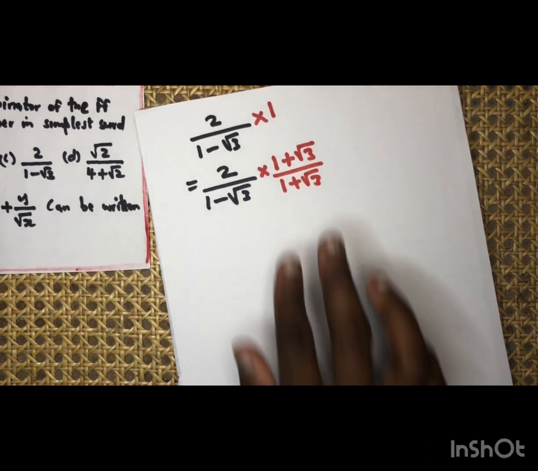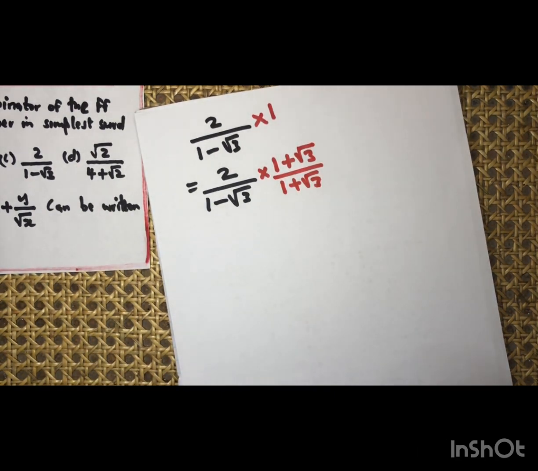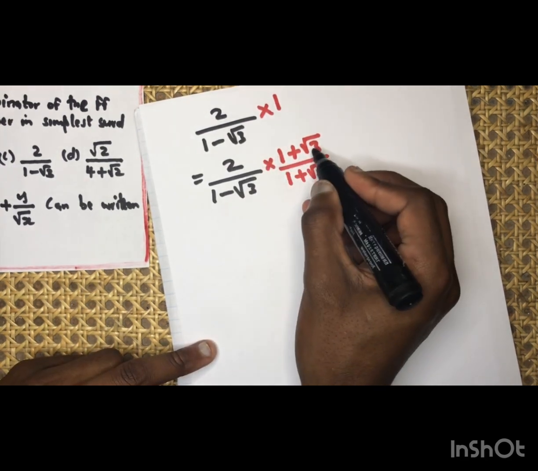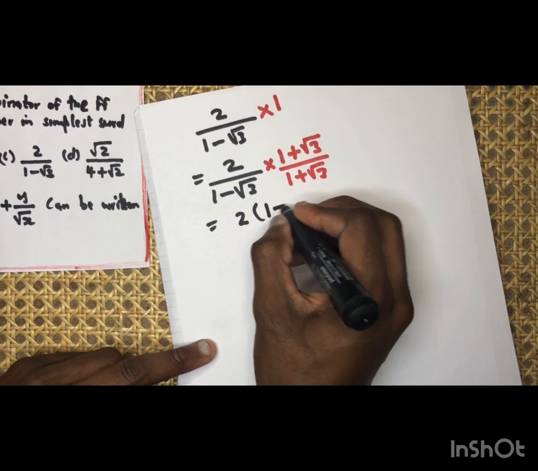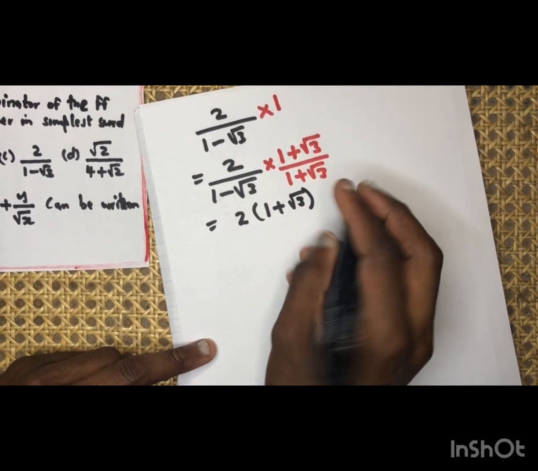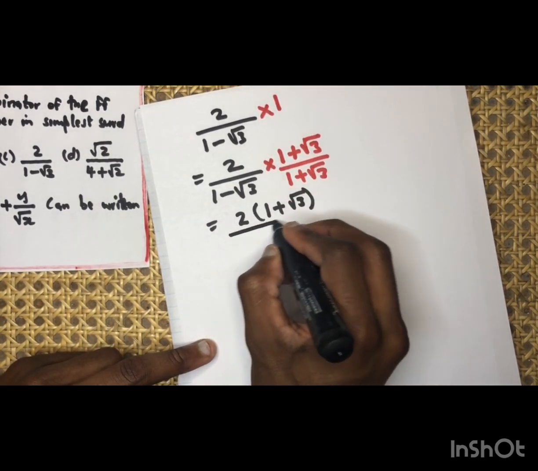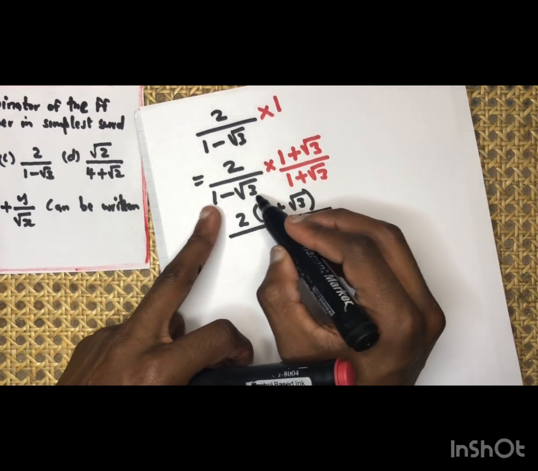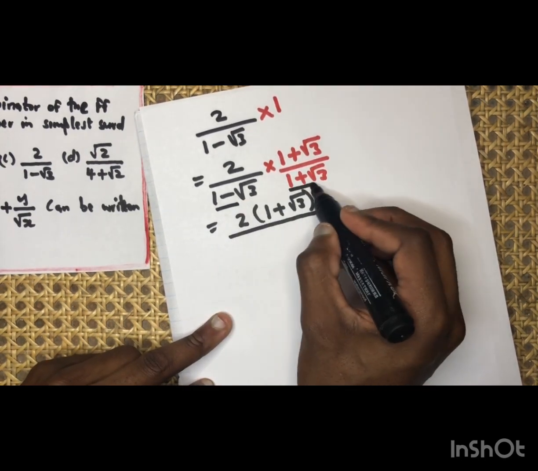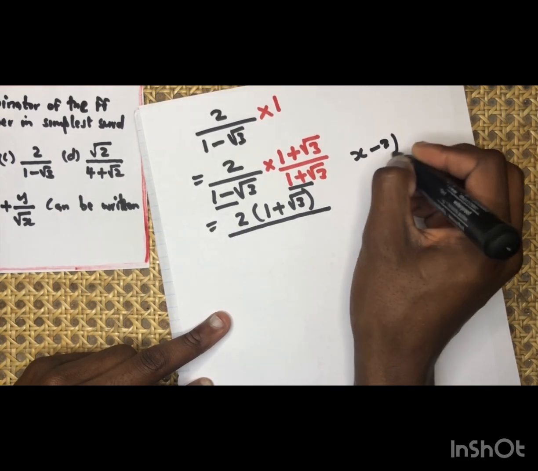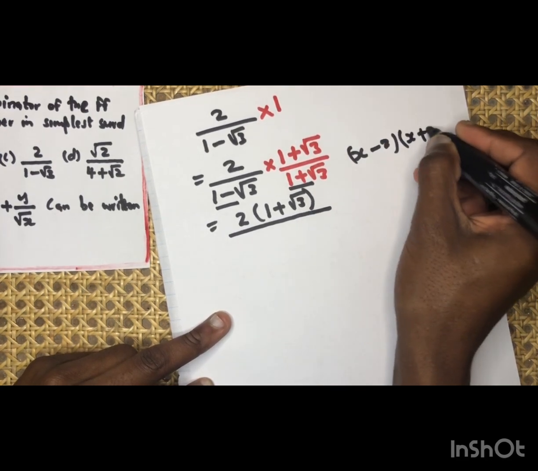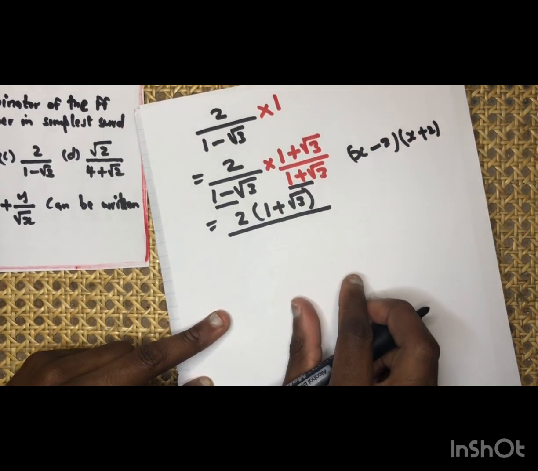Since these are two terms, I'm going to say numerator times this, which means I'm going to have 2 into 1 plus root 3. I'm going to put them into brackets because there are two terms. Guys, you can notice here, this thing and this thing is the same as x minus 2 and x plus 2. So it's a difference of two squares.